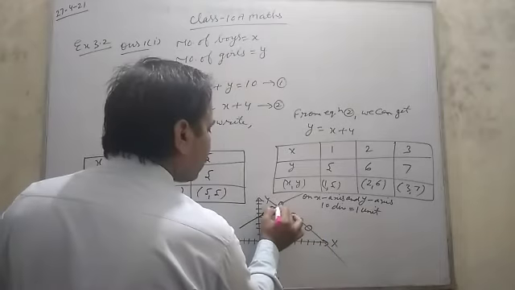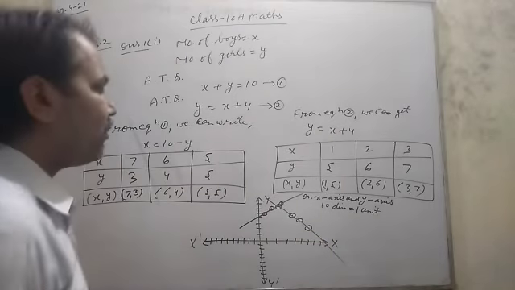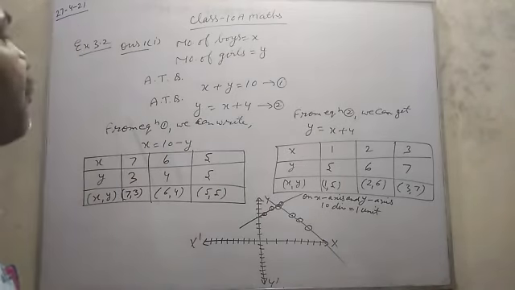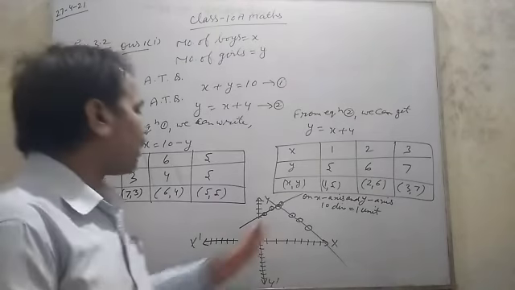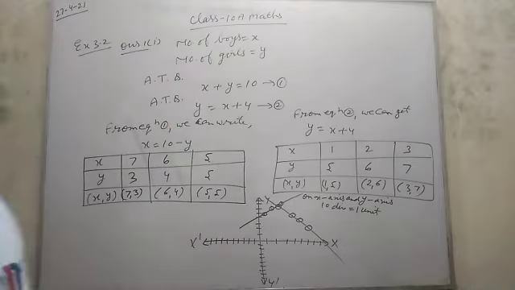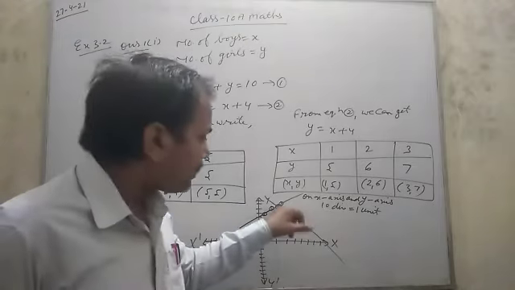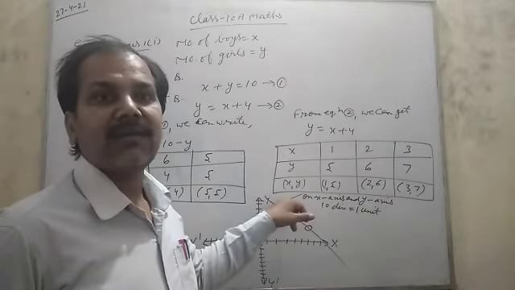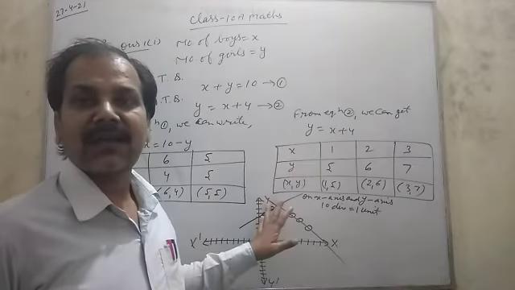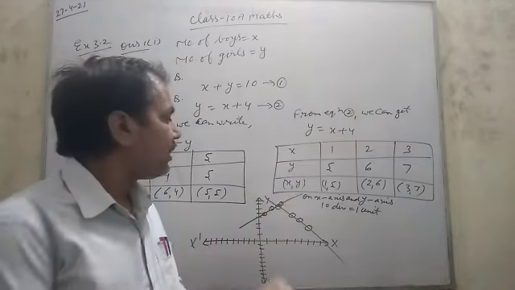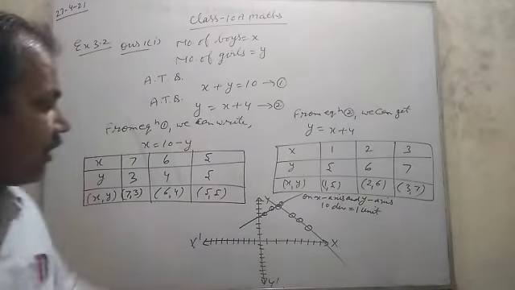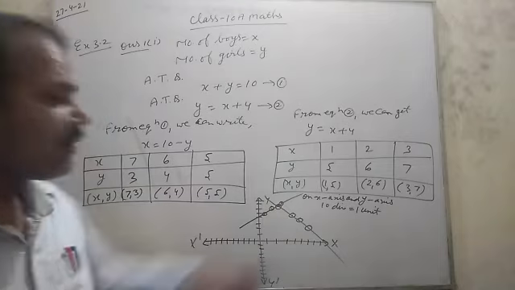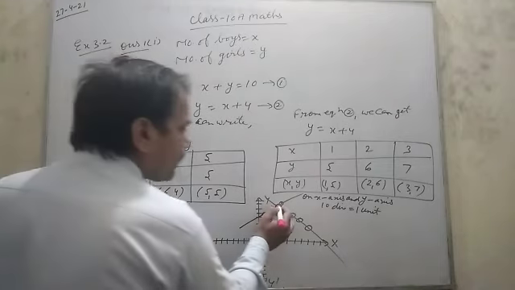This intersecting point will be the solution of these equations. Clear? On graph paper you will find this point exactly. So like this you represent and then find where they intersect.